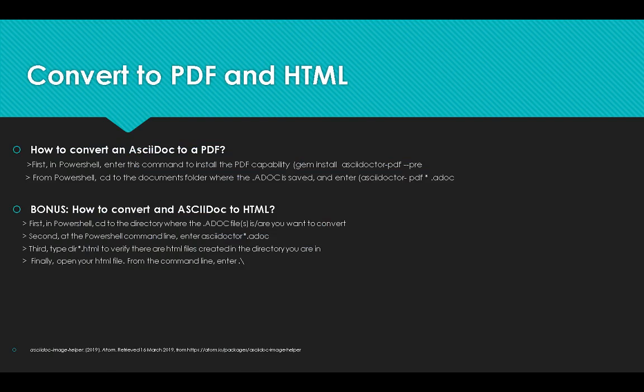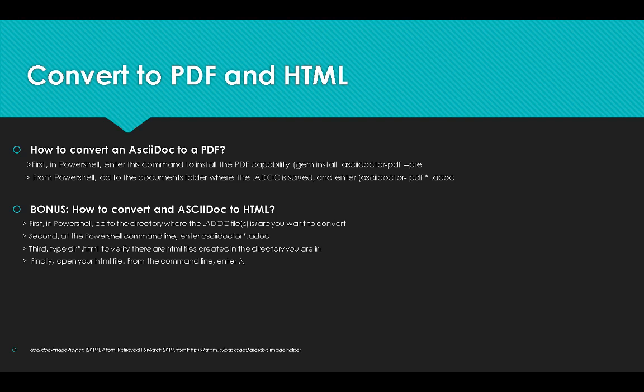How do you convert an AsciiDoc to a PDF? Well, I discovered that first in PowerShell you enter this command that I'm going to give you to install the PDF capability. Again, you've installed Ruby, and so you also have the gem installer. So just type on the command line: gem install asciidoctor-pdf.